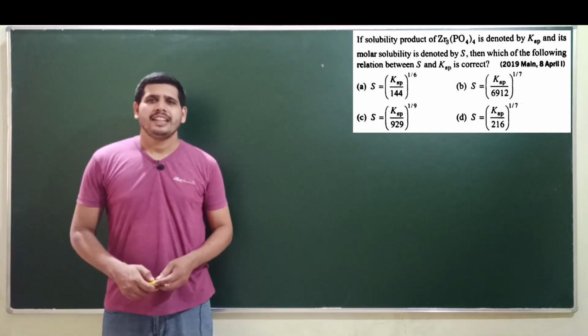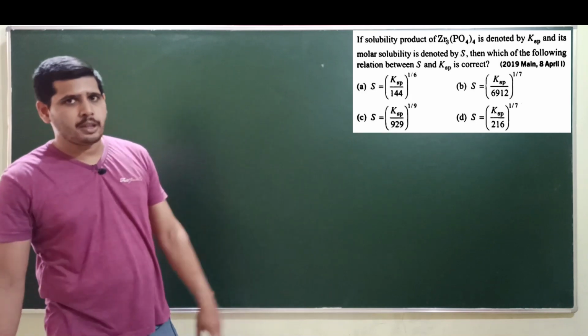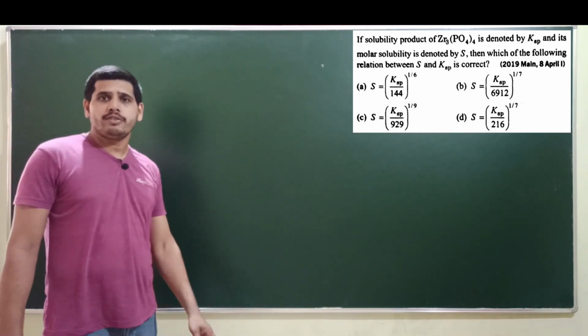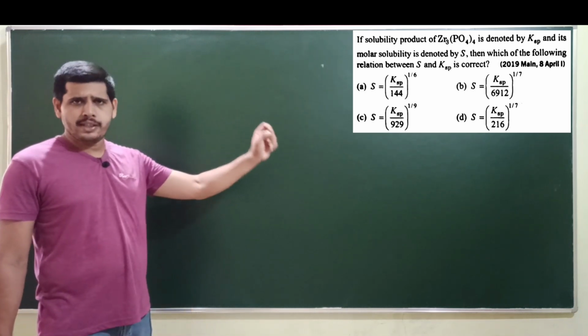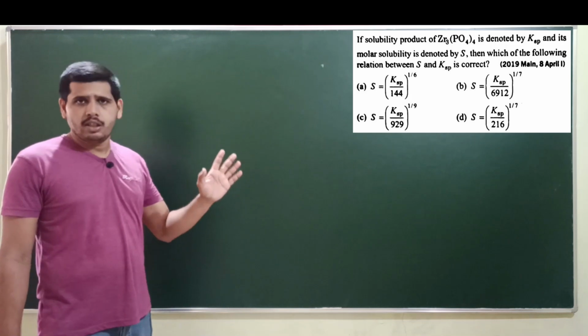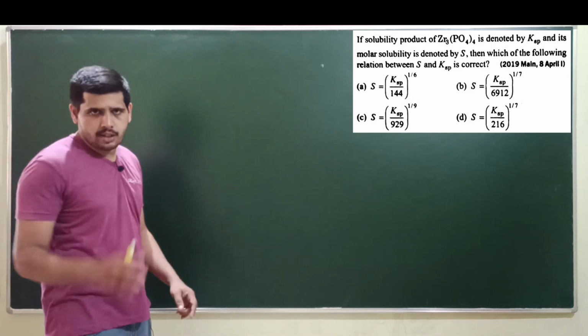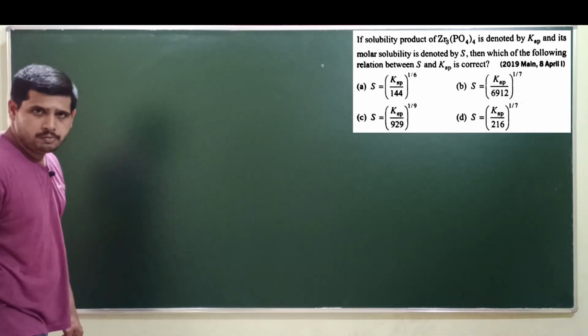Hello dear students, here in this question it is told to calculate the solubility and solubility product relationship for zirconium phosphate, a sparingly soluble salt. Told that KSP is the solubility product considered and S as the solubility. Now how we can relate these two is the question. So we write an equation for the dissociation of zirconium phosphate.